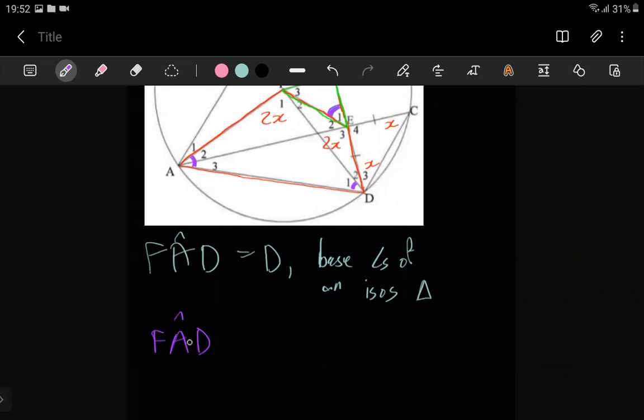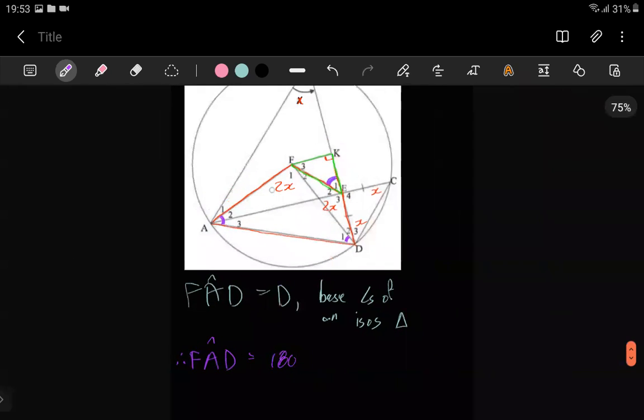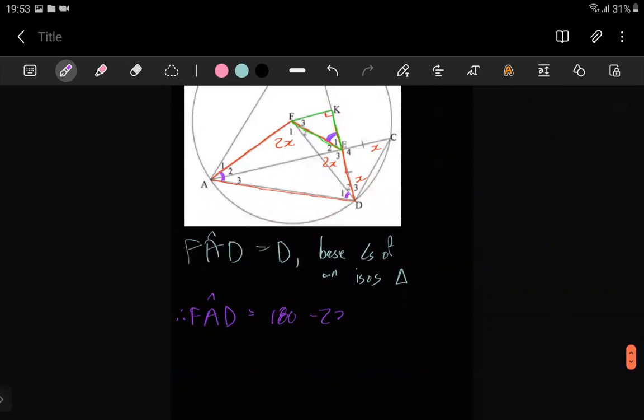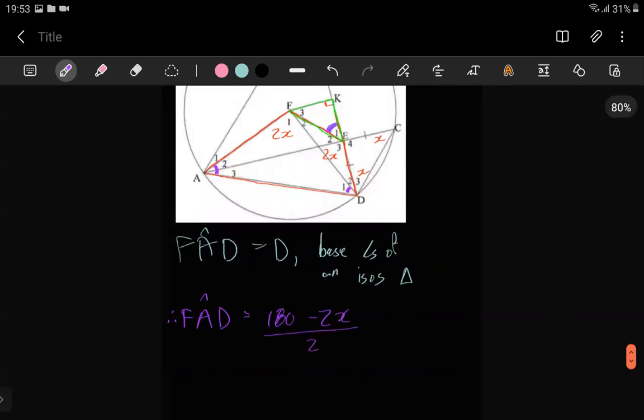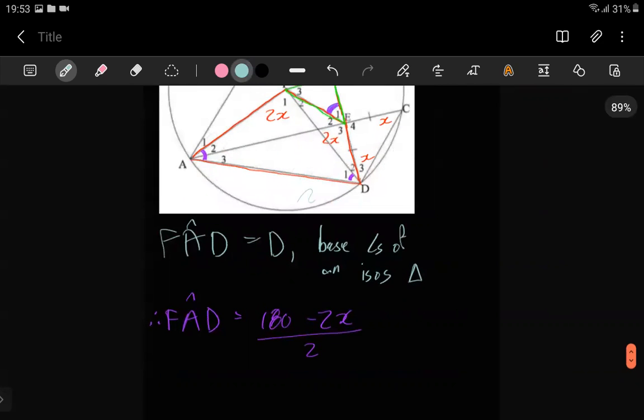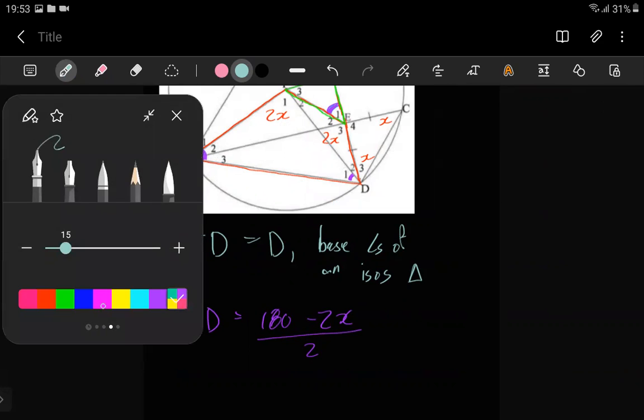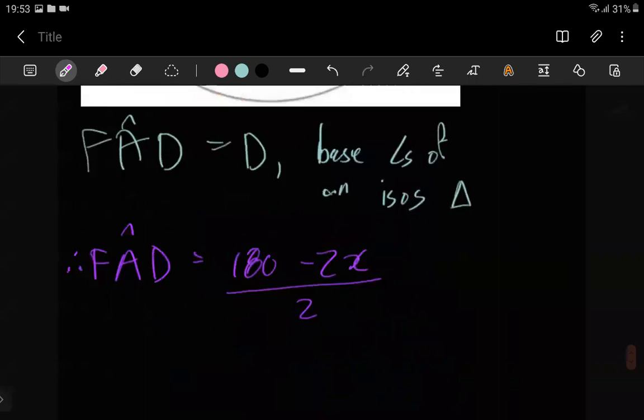So now we can say, therefore, FAD is equal to 180 degrees minus this 2x and then divided by 2, because these are equal to each other. So if you take 180 and you remove this, whatever is left, you're going to cut it in half, because half goes there, half goes to the other one. So let's get a length for FAD.